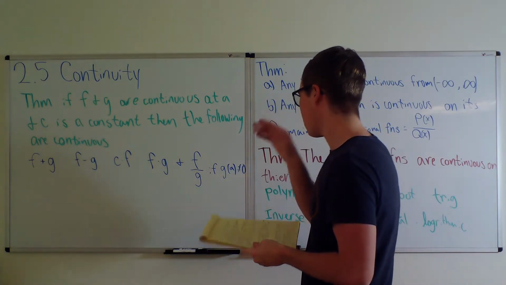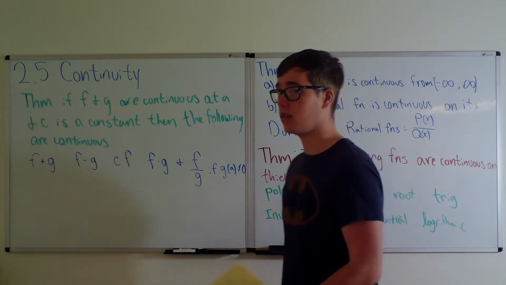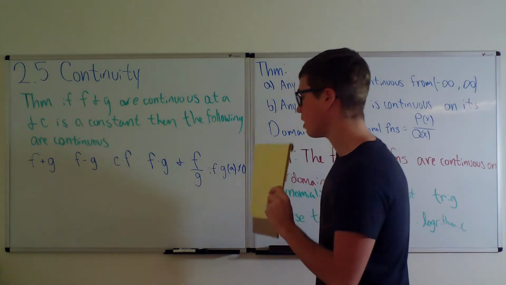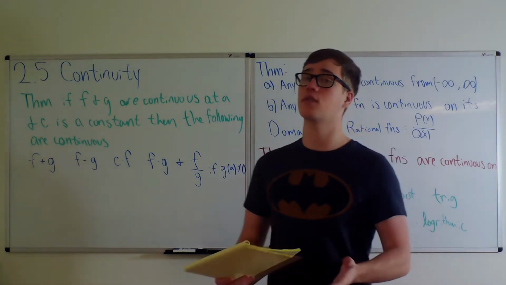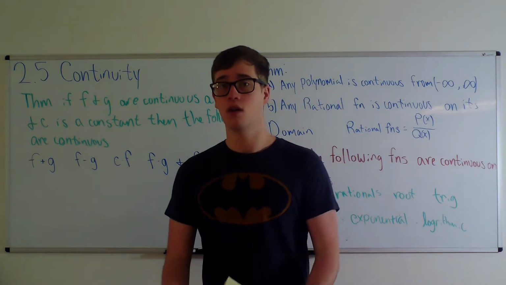And f of a divided by g of a is continuous if g of a does not equal 0, because obviously if it equaled 0, then you'd have f of a over 0. You can't have anything over 0.